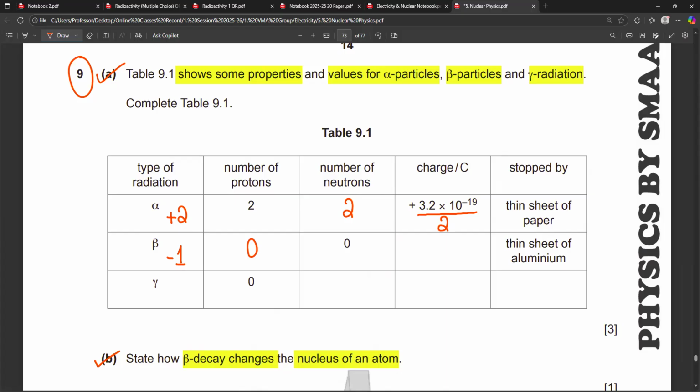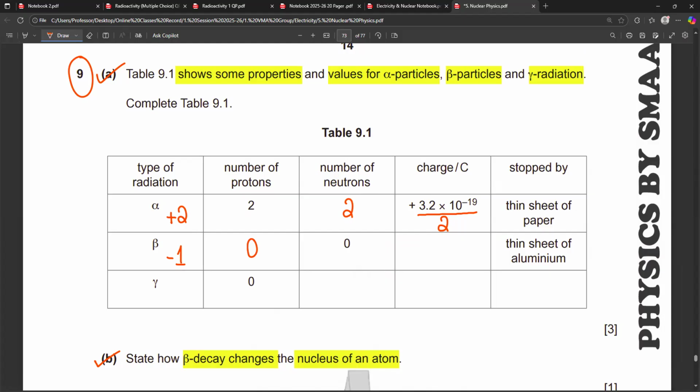And for electron, we just write a minus sign with it, because minus represents electron and plus represents protons, correct? So we have to divide this quantity by 2 to get the exact charge of one proton or one electron. And for electron, we just need to change the charge from positive to negative.